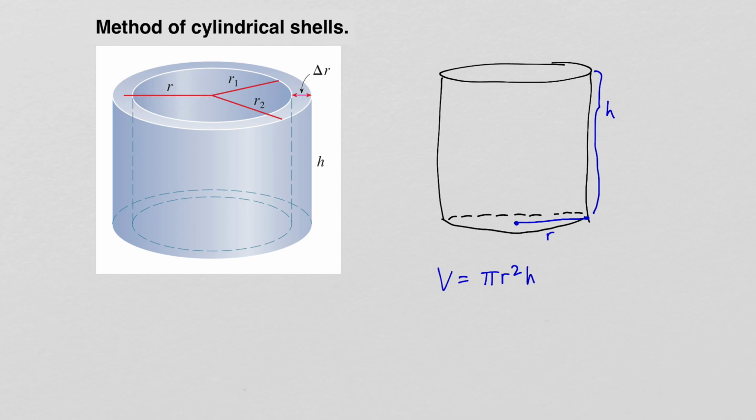So to find the volume of the cylindrical shell, what I'm going to do is take the volume of the outside cylinder minus the volume of the inside cylinder. So the volume of the shell is going to be the volume of the outside, which is pi times R2 squared times h, minus the volume of the inside, which is pi times R1 squared times h.